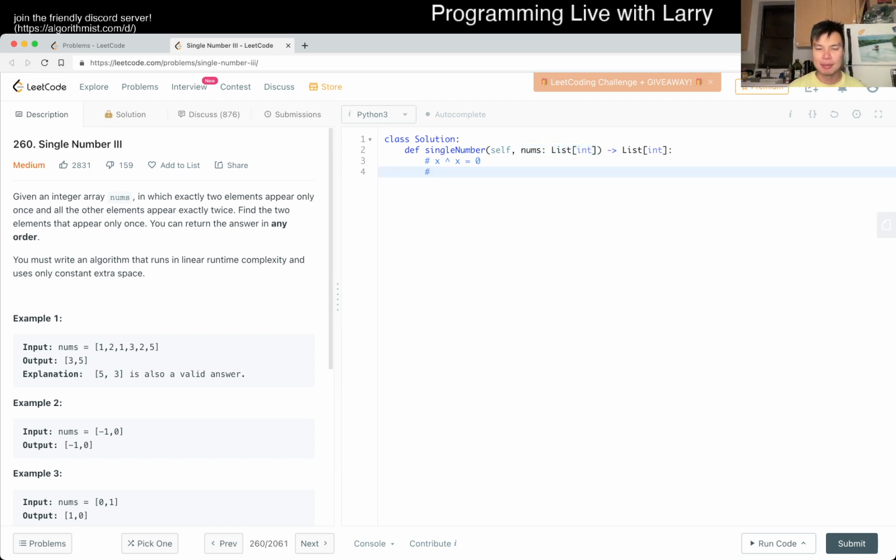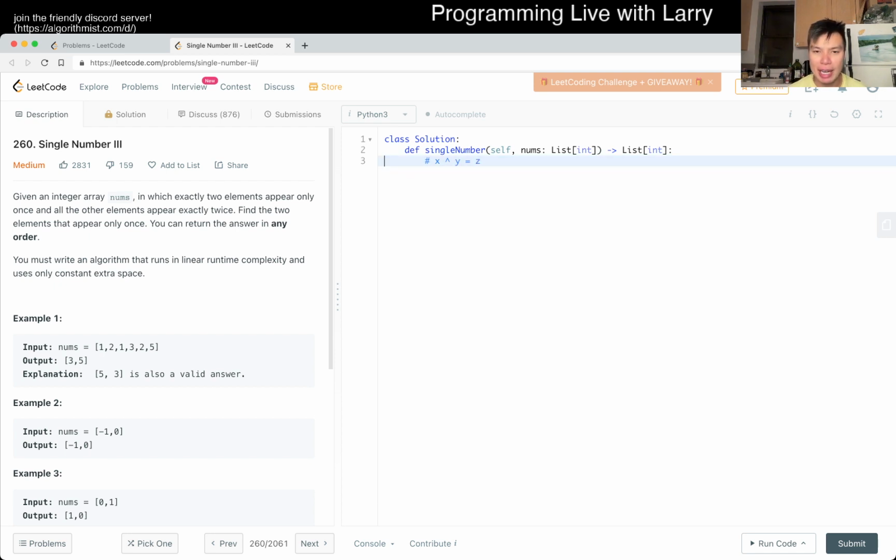We have a sub 0, a sub 1, a sub 2, dot dot dot, a sub n, and we get to some number z. A lot of these cancel out because they appear twice, and we have this identity, which maybe you just have to know or play around with. So then you come up with the two numbers that only appear once. So you have x XOR y is equal to z, right?